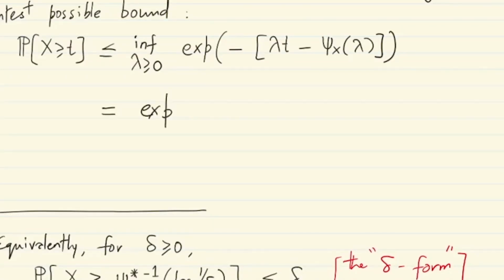So it follows that this is exactly the same as the exponential, and when you move the infimum inside the exponent with a minus sign, you basically get a supremum over all lambda greater than or equal to 0 of the function lambda t minus psi x of lambda.